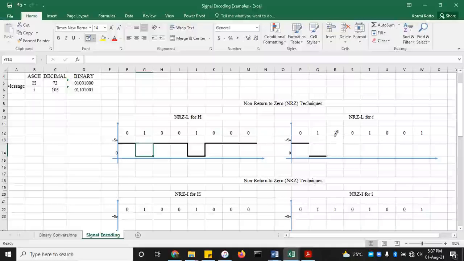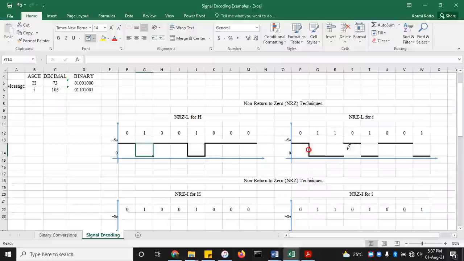Once again, on, low voltage pulse; off, high voltage; low for one. So we have high, low, low, high, low, high, high, low.